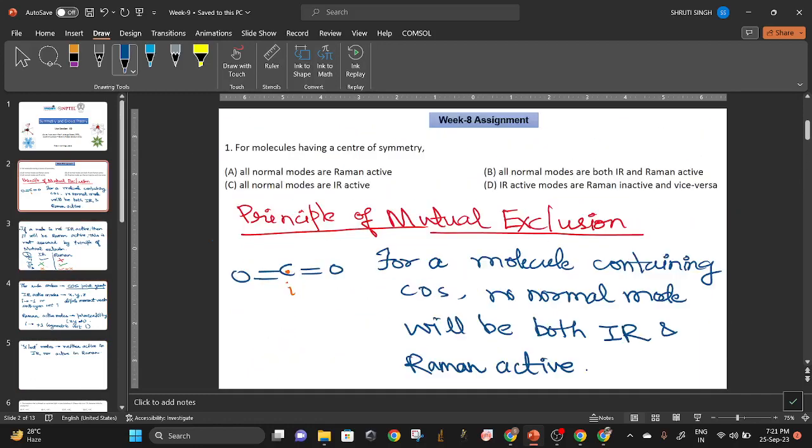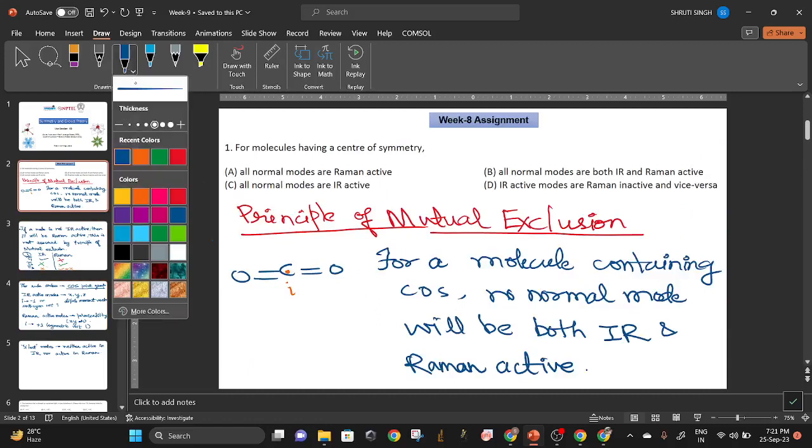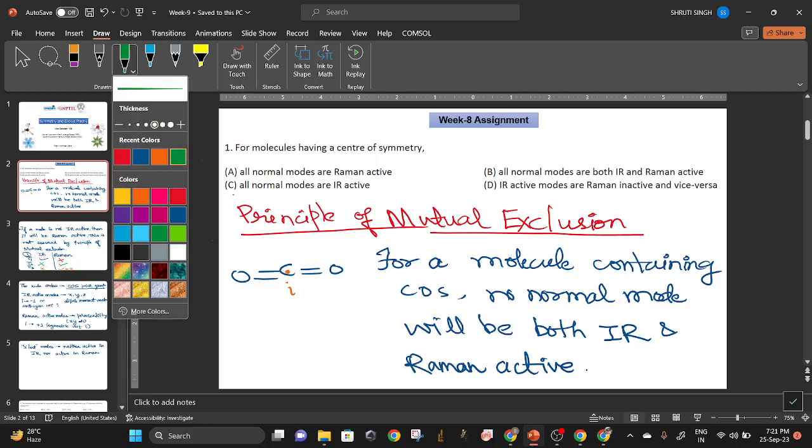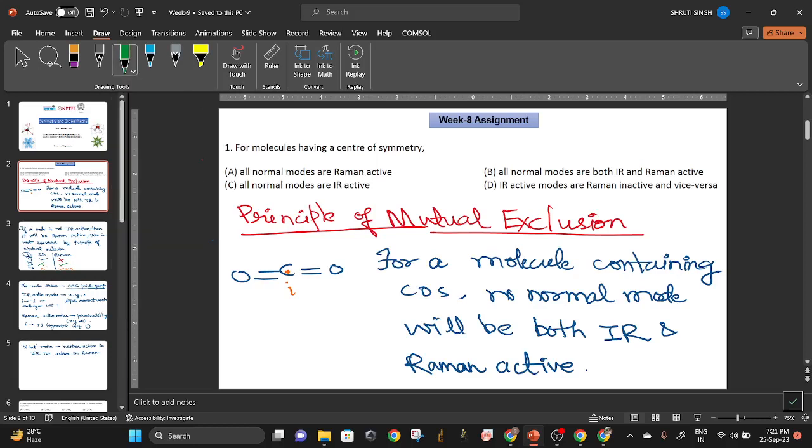So for this question, the correct answer will be D. IR active modes are Raman inactive. So the correct answer is this.